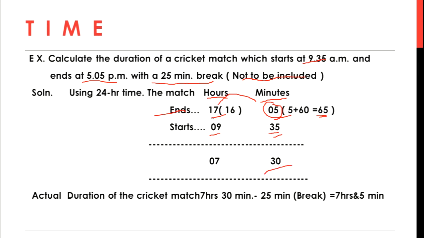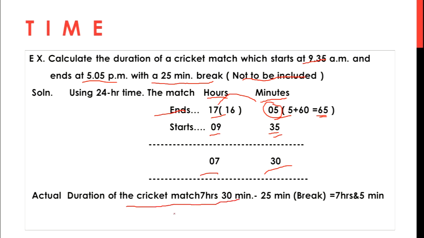Now, 17 has reduced to 16 hours because you have carried 1 unit from the hour side to the minute side. Therefore, hour remains 16. Subtracting 9 hours from 16 gives you 7 hours. Therefore, the duration of the cricket match was 7 hours and 30 minutes.